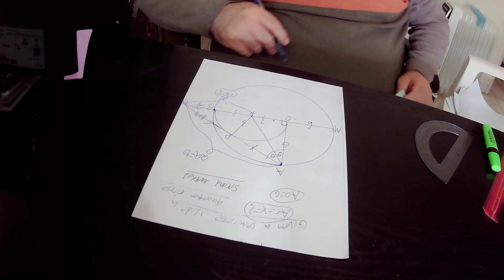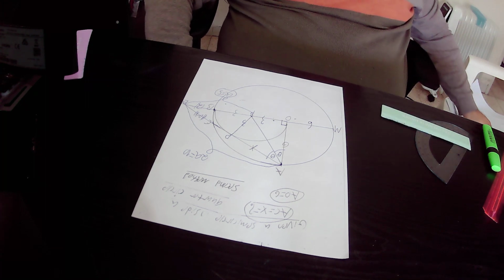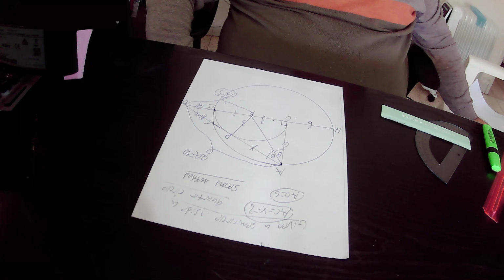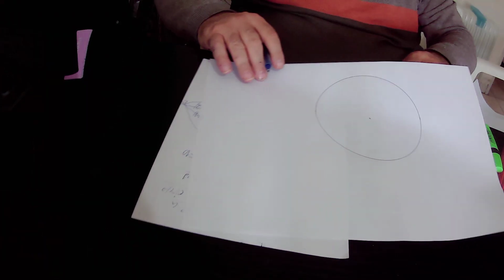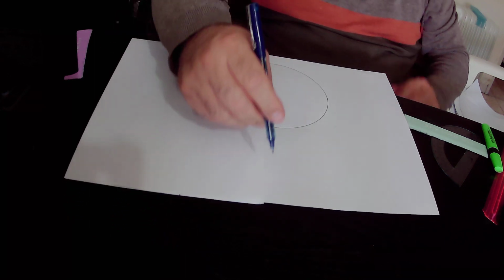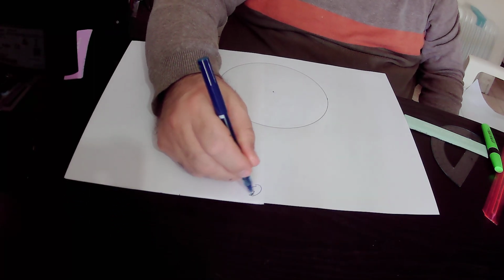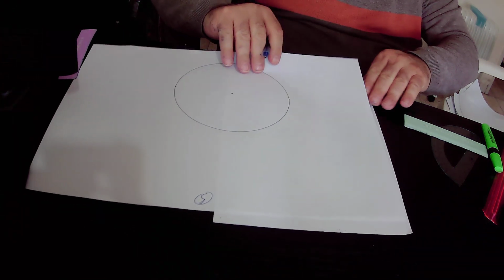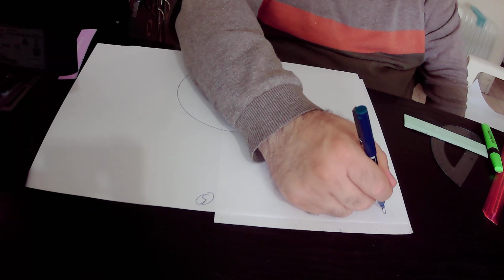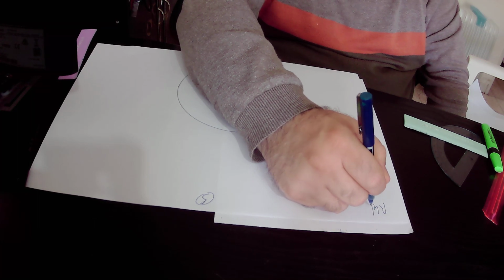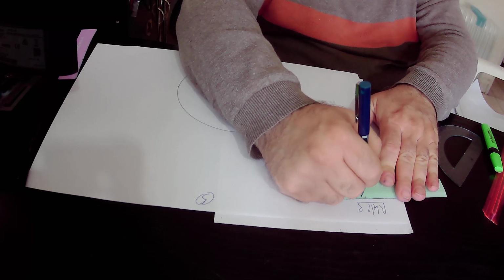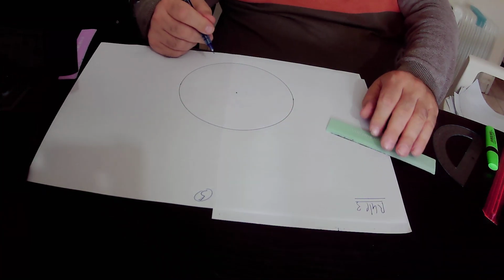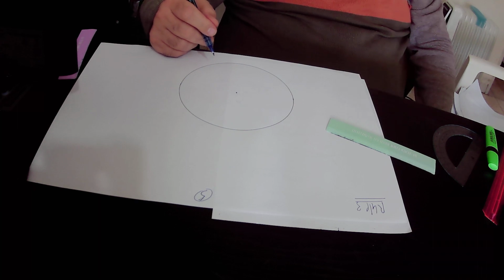Okay, so in the next step I will present to you a new rule, that is actually rule number 3. According to rule number 3, if two chords intersect with each other outside the circle, then the following equation is true.